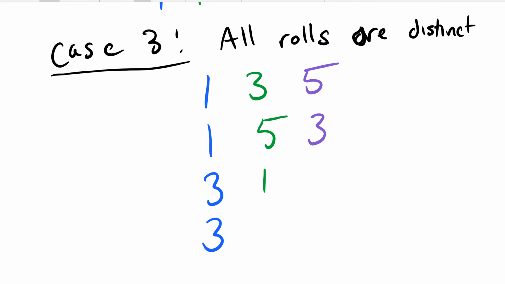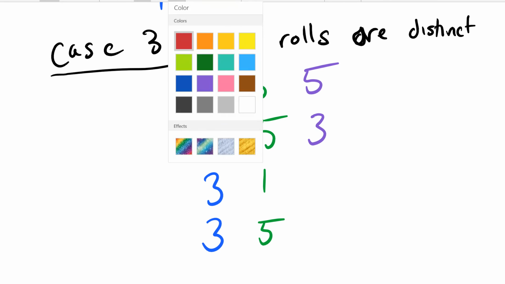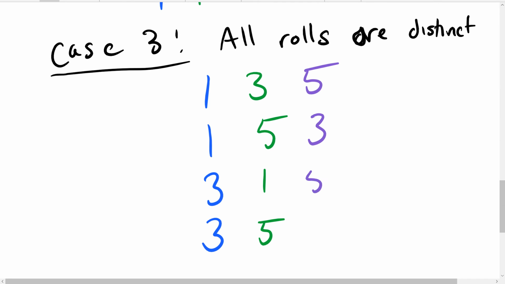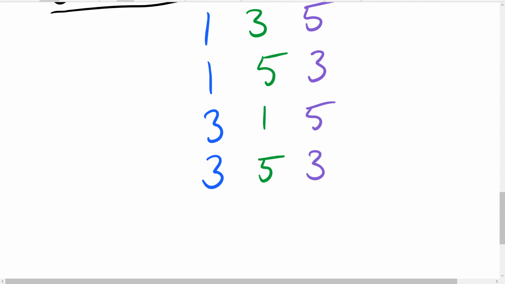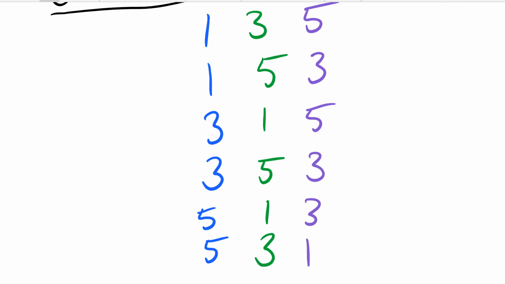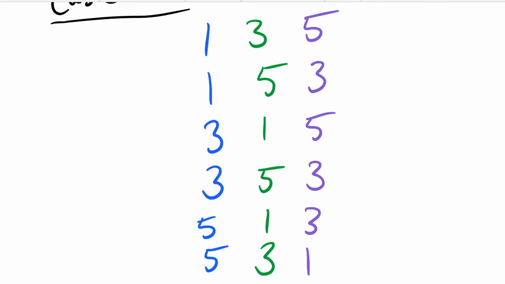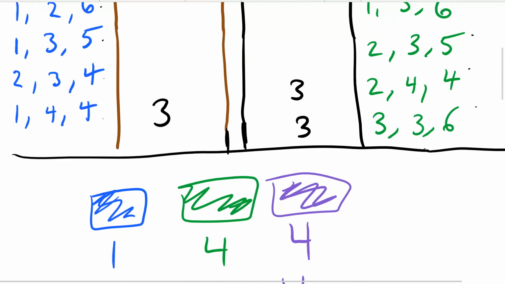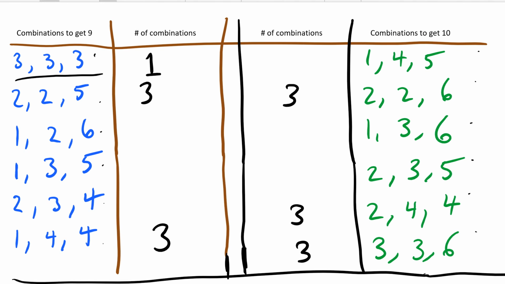We get a 1 here and a 5 here. If that's the case, we get a 5 here and a 3 here. And these are different from ones that start with 5. Maybe we got a 1 here, a 3 here, which would mean we get a 3 here and a 1 here. So how many is that total? That's 6 ways. So if every number is distinct, we get 6 ways.